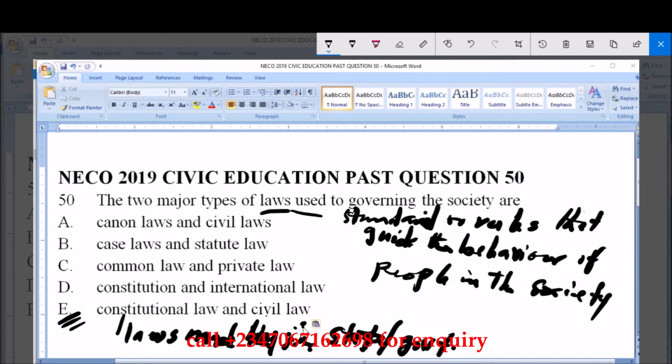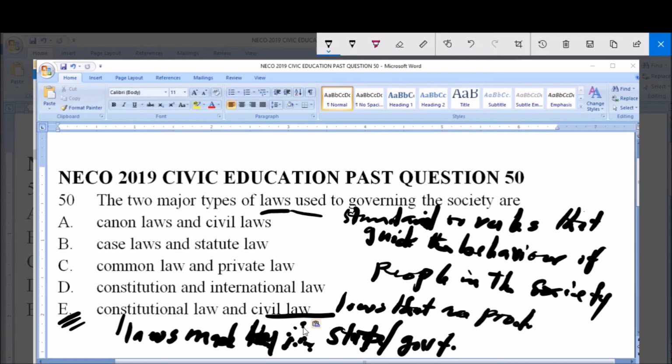Now when we talk of civil laws, it means laws that are product of the society, that are part of the society, rules and regulations that are part of the society. So option E is correct.